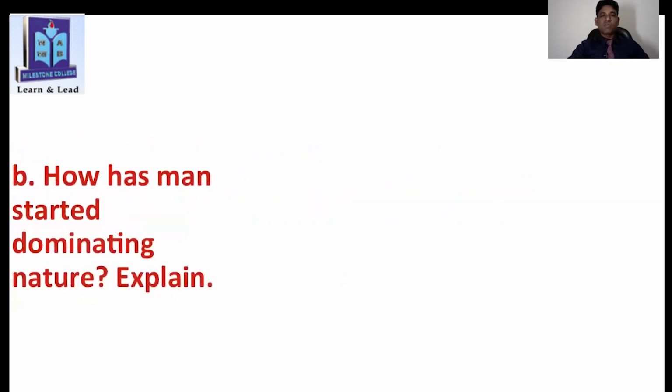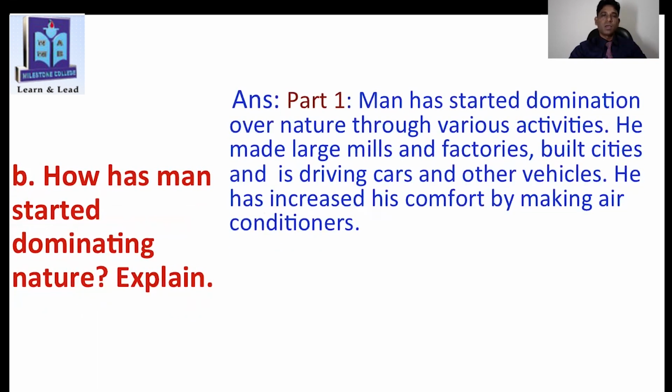And students, here you can see question number B. How has man started dominating nature? Explain. So students, here you can see the answer. For this you have to give two paragraphs. First paragraph here, man has started dominating over nature through various activities.